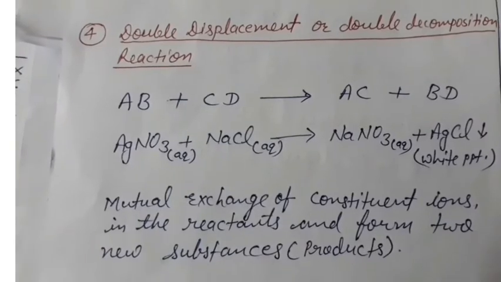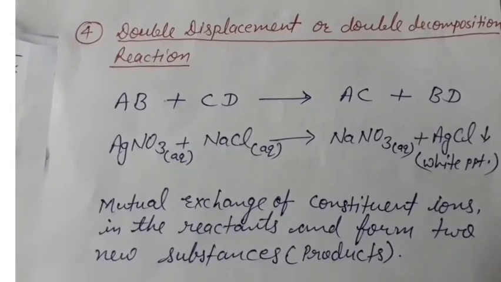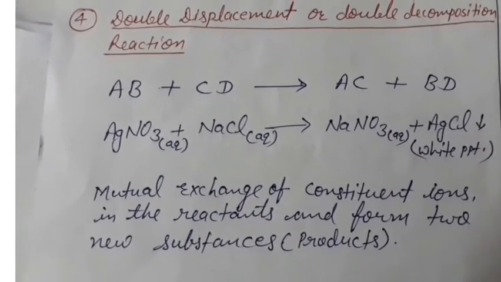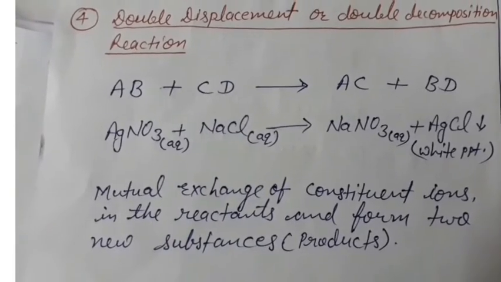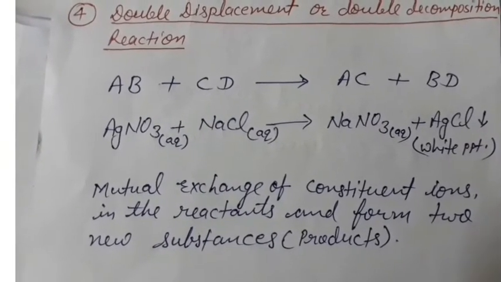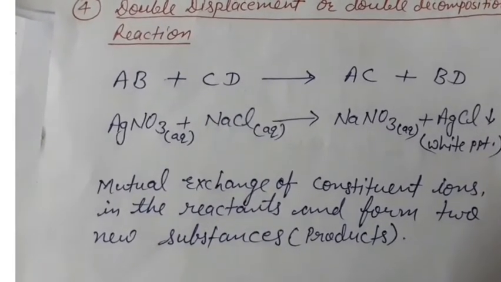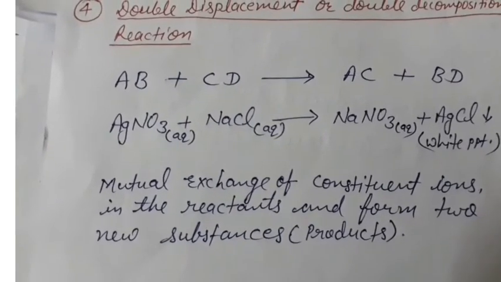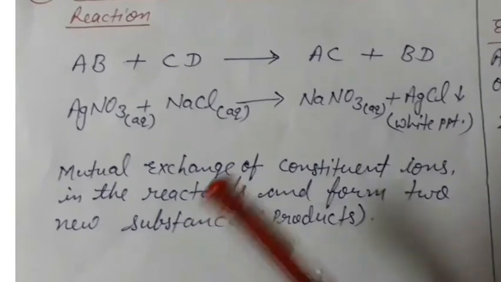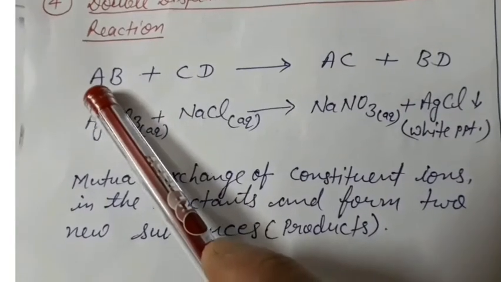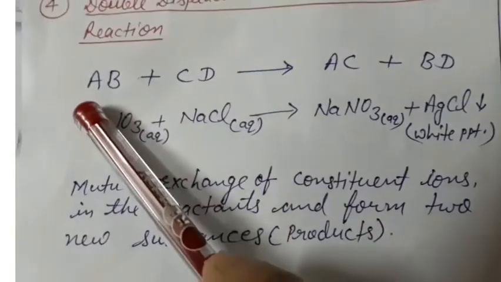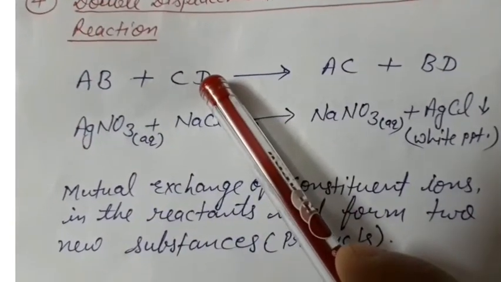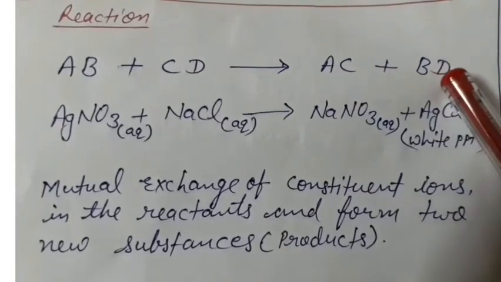Next is the double displacement or double decomposition reaction, in which there is a mutual exchange of the constituent ions in the reactants and they form two new substances or products. In this one, when we react AB with CD, A and C will exchange with one another and form AC plus BD.